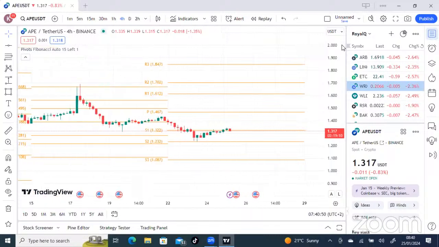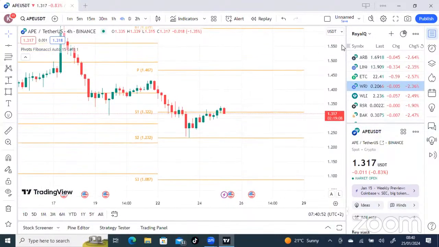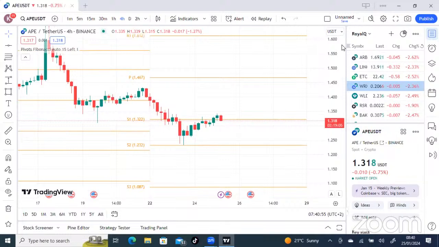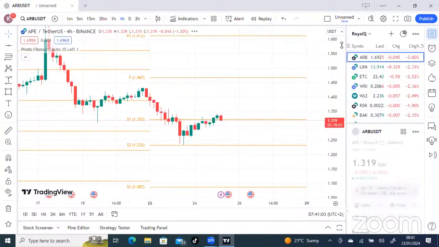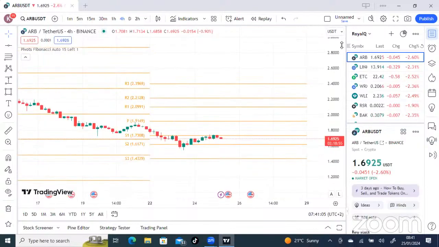And so we are going to discuss the indicator tomorrow. I don't know if I'm clear. So if you don't want to draw by yourself, you can use the indicator. But me, I love drawing by myself.